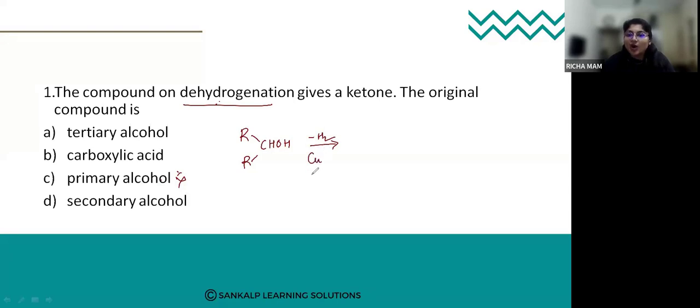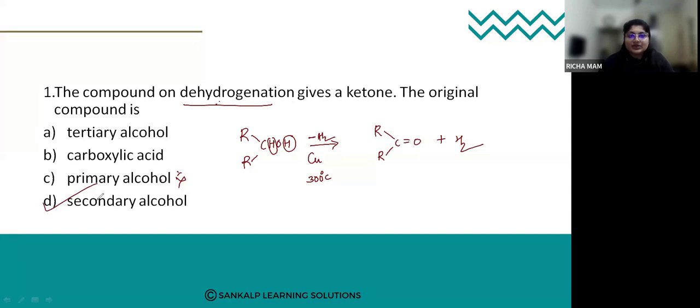So I can use copper, which is a dehydrogenating agent, at 300 degrees Celsius. It will remove the hydrogen. If I remove these two hydrogens, I am going to get a ketone. So for the secondary alcohol, option D is the correct answer.